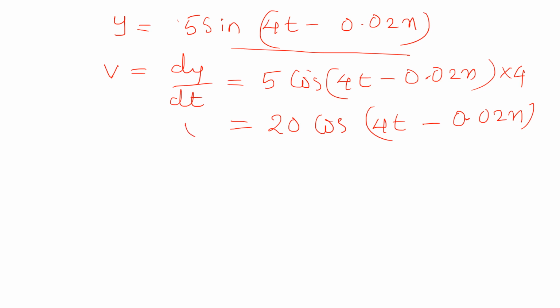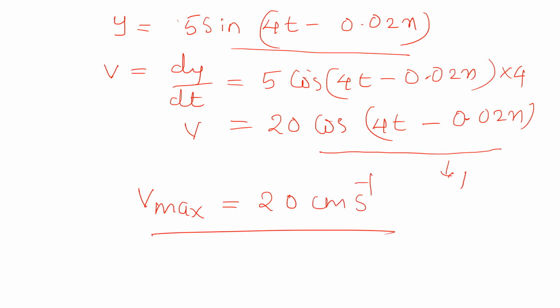This is the velocity. Therefore, for the maximum speed or maximum velocity, this cos term will be 1. Therefore, the maximum speed Vmax is equal to 20 centimeter per second. That is the maximum speed.